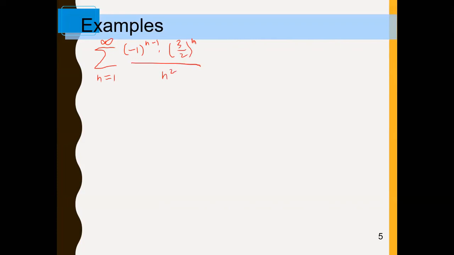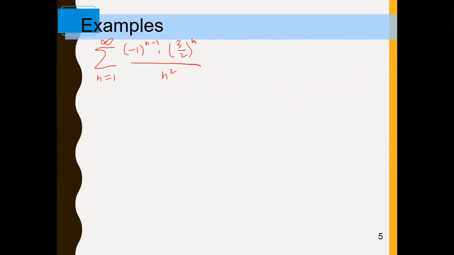That looks pretty nasty. But what do you guys think about that? Okay, so think about that for a minute. And again, just think about it in the context of the ratio test. We still haven't done the root test yet. Okay, so think about that.